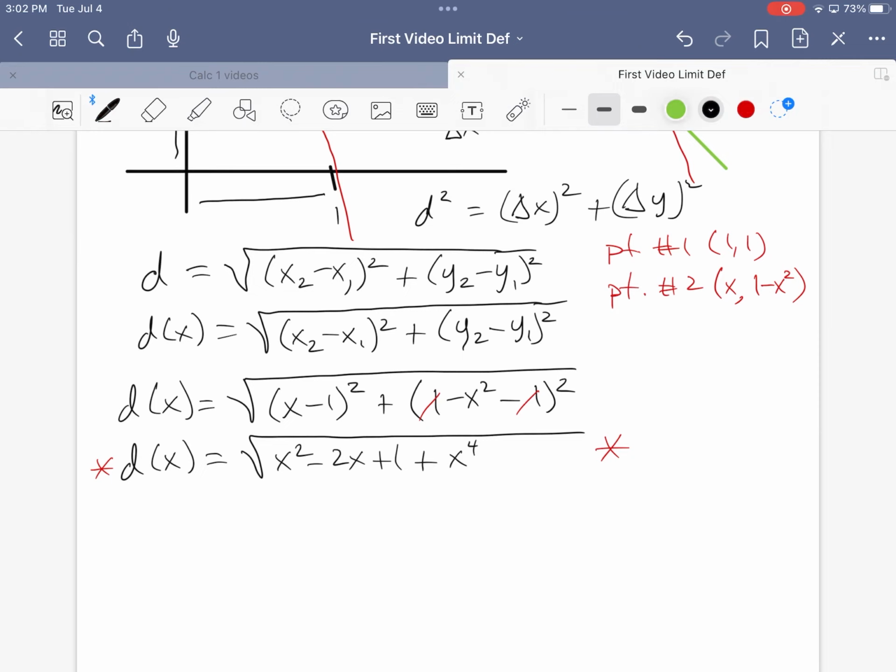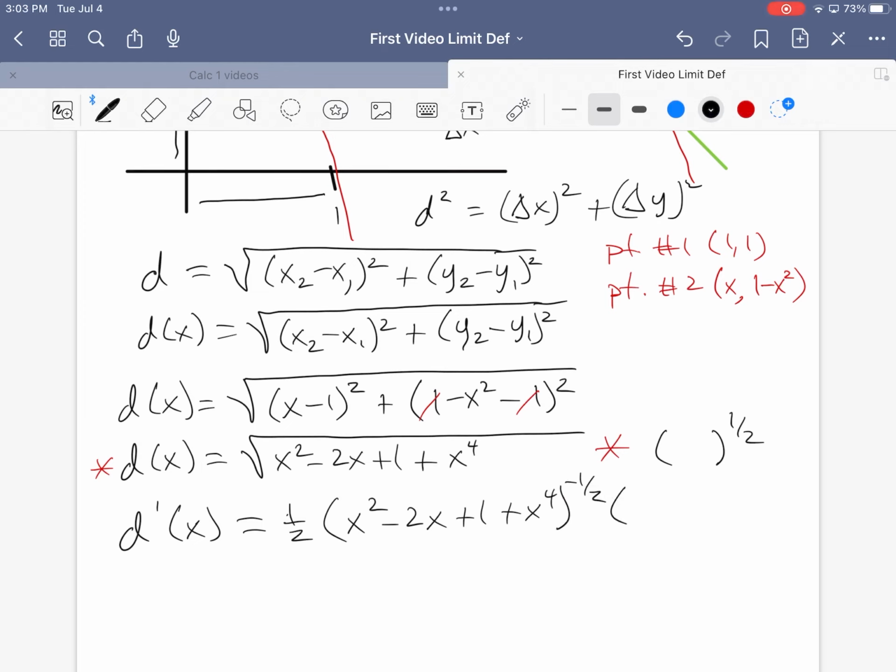So I'm going to write it like this: d prime of x is equal to, now this is something raised to the 1/2, so we're going to say that's 1/2, and then it's going to be x squared minus 2x plus 1 plus x to the 4th raised to the negative 1/2. Now we're going to apply the chain rule, and the derivative of what's inside is 2x minus 2 plus 4x cubed.